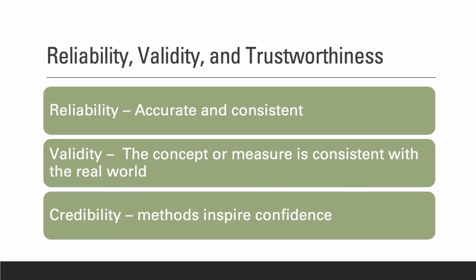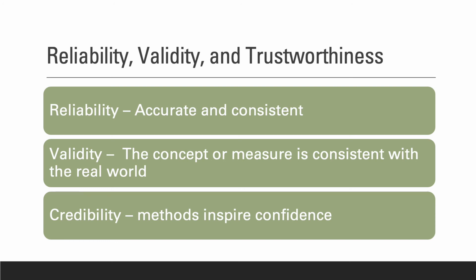Let's talk a little more about reliability, validity, and credibility and what they mean. Reliability refers to accuracy and consistency of your measures. If you take a temperature and it's 98.1 and then you immediately take it again and it's 102, it is not reliable. Validity refers to the concept or measure being consistent with the real world.